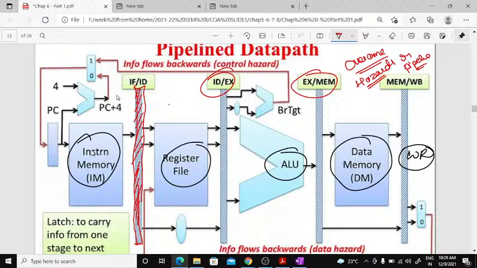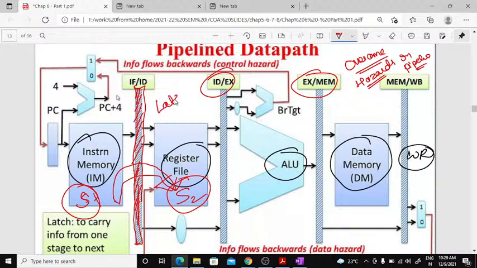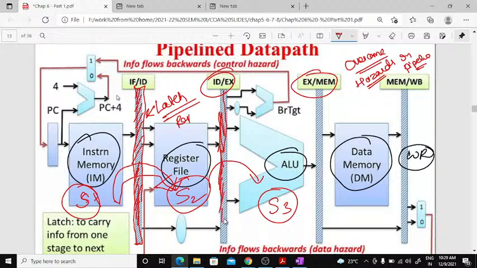Here, the information transfers from stage S1 to S2 through this particular latch, which is one latch register. And from S2 to S3 through this particular latch. Okay, so this is the latch.